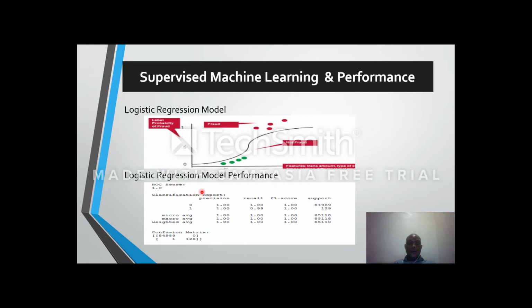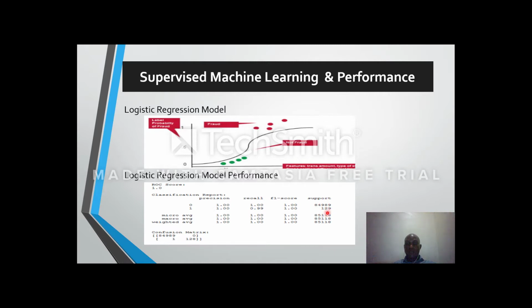And you can see from the classification report, we got the precision for no fraud and fraud cases right. We got 100% for recall also for non-fraud cases, but we got 99% for fraud cases. And as you can see, the F1 score is also giving us 100% for the non-fraud cases and the fraud cases.